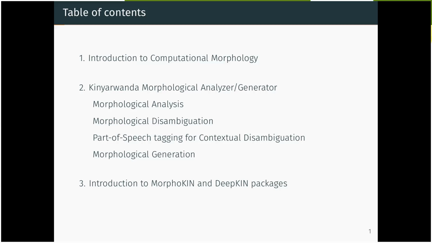which is going to have three topics mainly. First, morphological analysis, which is basically performing analysis of the morphology of words, specifically for Kinyarwanda. Then I'll talk about the problem of morphological ambiguity and morphological disambiguation, to make the analysis more accurate.